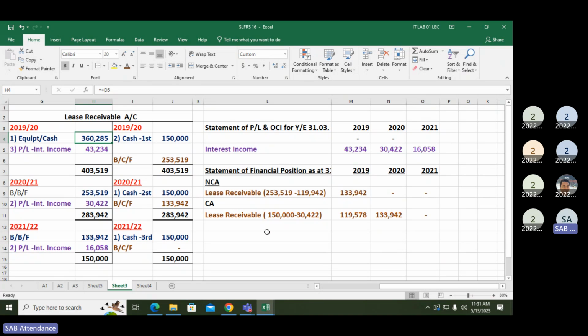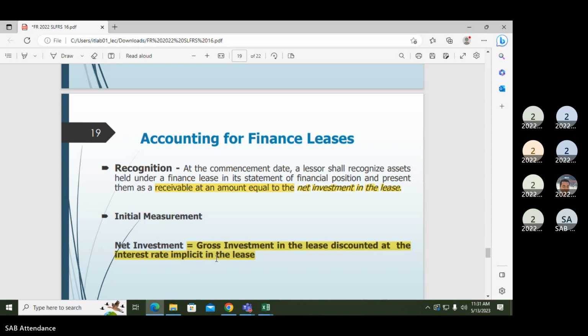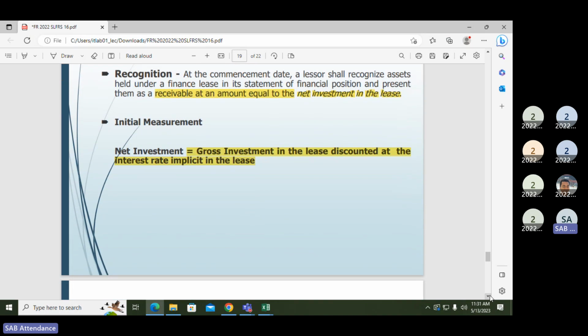But in an operating lease, you are not selling anything, right? Finance lease is similar to sales. The operating lease means you have your own building, you lease it out, and you recognize the lease rental. Say we lease for 5 years, so you recognize the lease rental over 5 years.